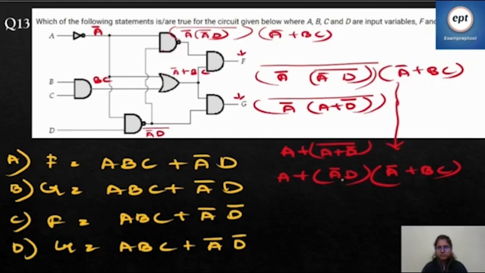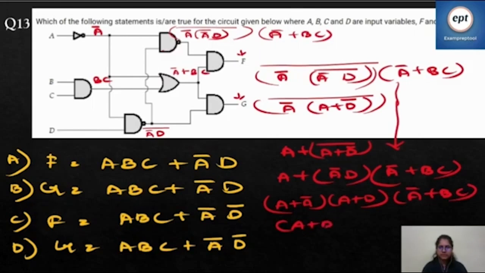So now we will apply the distributive property. So it will be A plus A bar, and here it will be A plus D. Okay, let's keep this as it is. Now this comes out to be 1. So A plus D, and here it will be A bar plus BC. So this is how the expression will look.